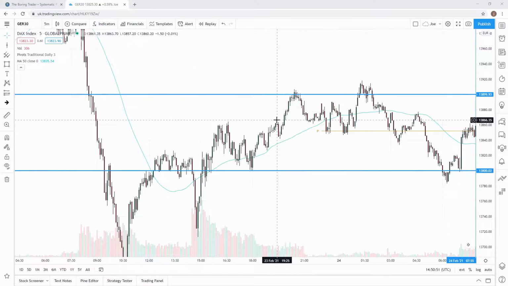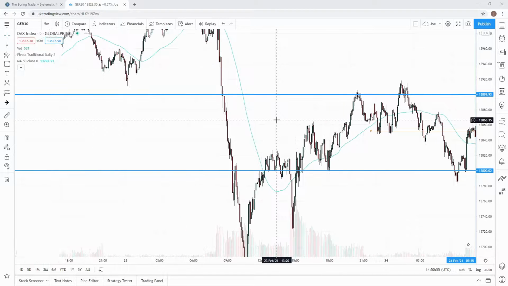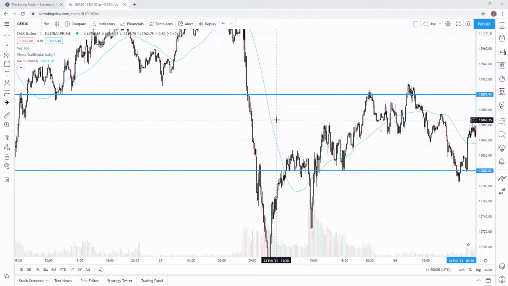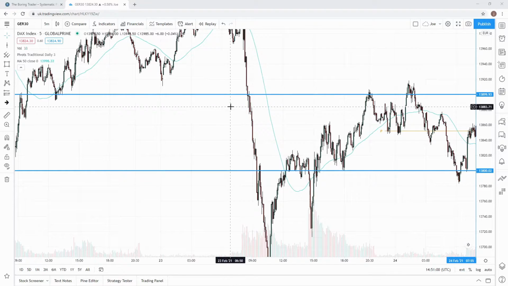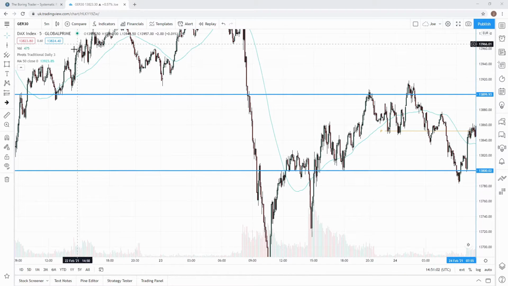I don't like to use indicators or other things, so what else can we see from the levels of the markets here?